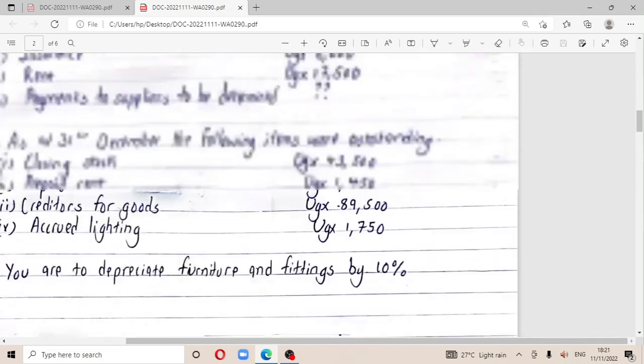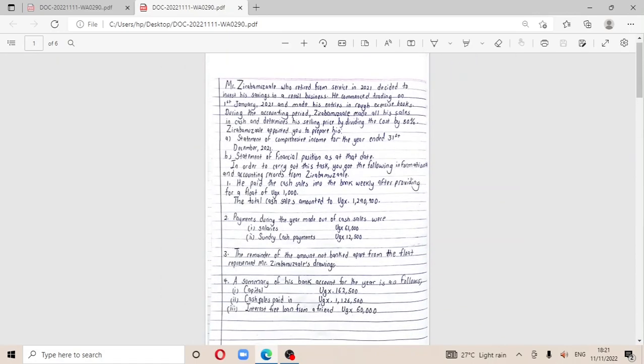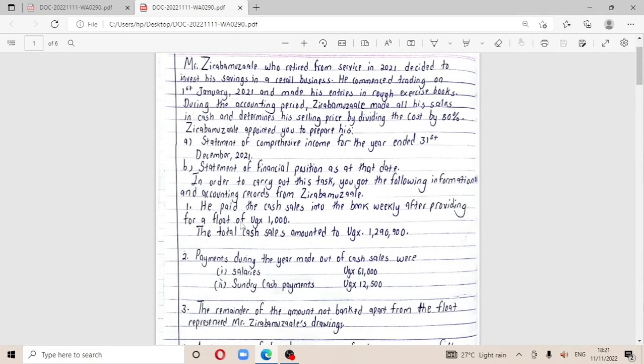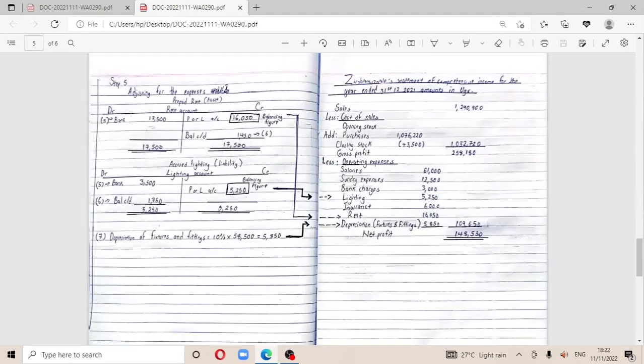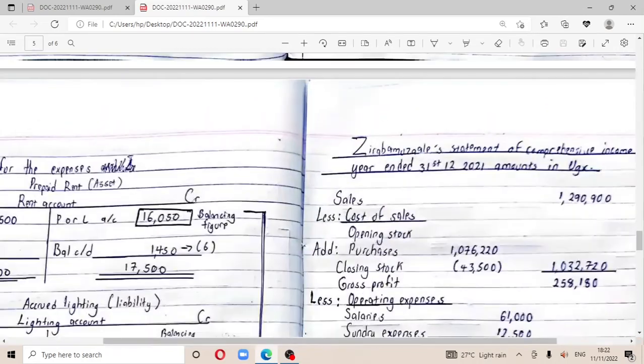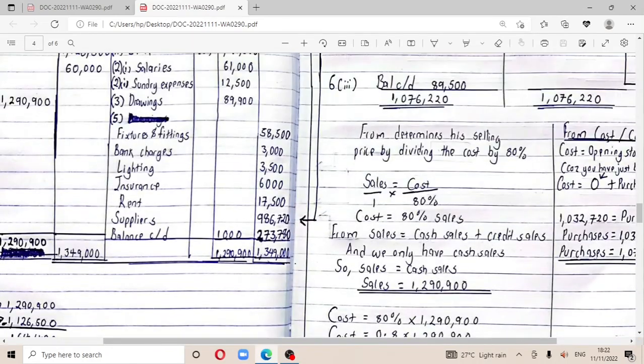Okay, let's go to what the question was saying. It's here. He determines his selling price by dividing cost by 80%. So with that, we can come back here and say, since we have read that, he determines his selling price by dividing the cost by 80%.